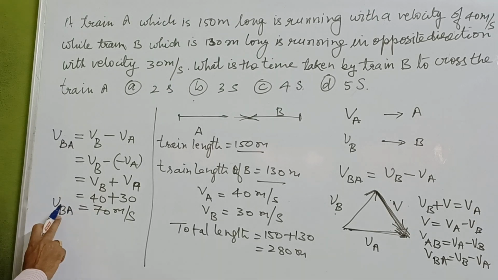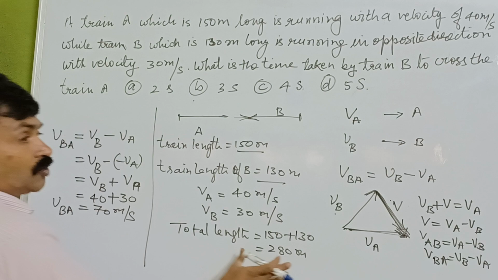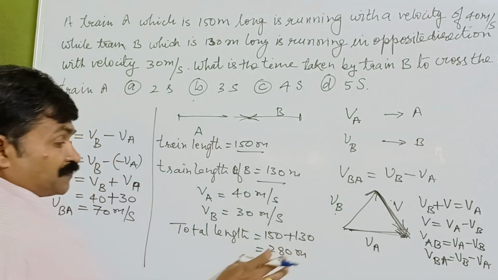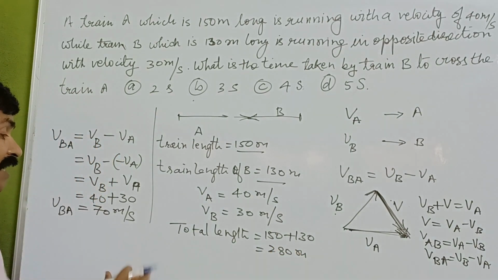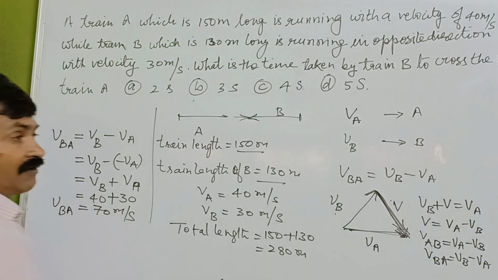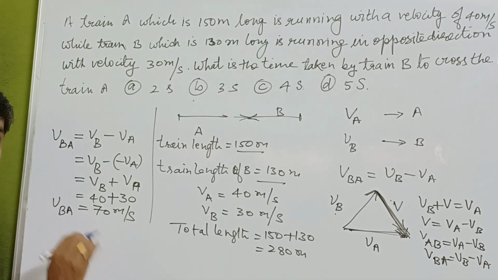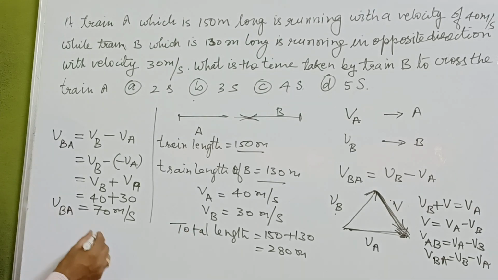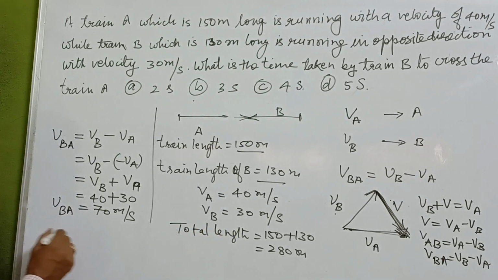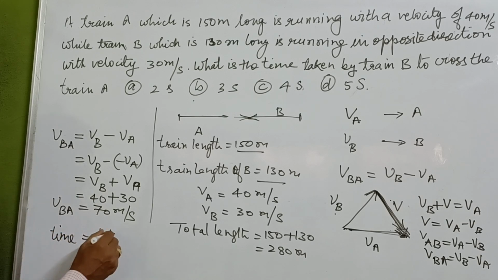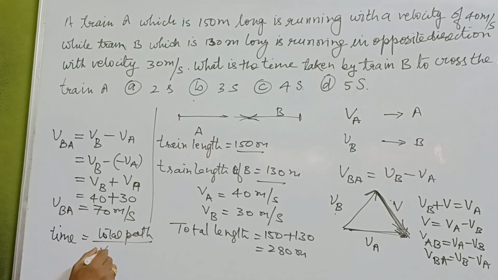Now that we have the relative velocity and the total path length, we can determine the time taken, because velocity is equal to total path length divided by total time taken. So time will be the total path divided by the relative velocity.